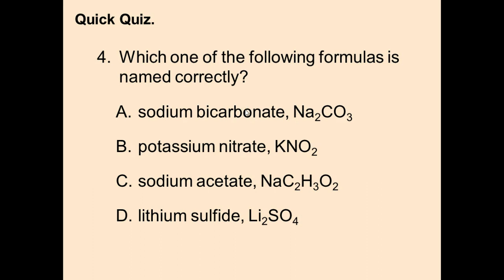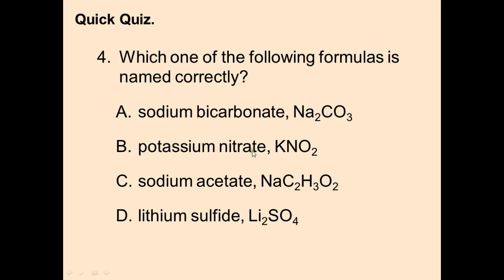And then bicarbonate is on the polyatomic ion sheet, and it's HCO3. So this says CO3. This is just carbonate. So carbonate and bicarbonate are two different things. So this is incorrect because it's supposed to be HCO3, not CO3.